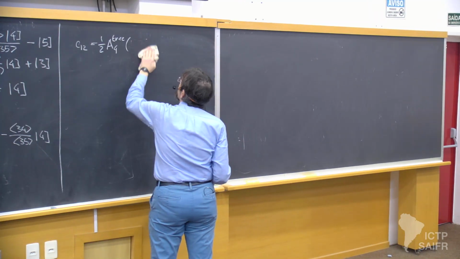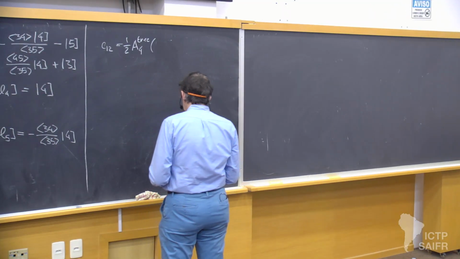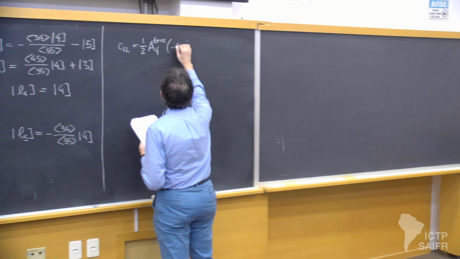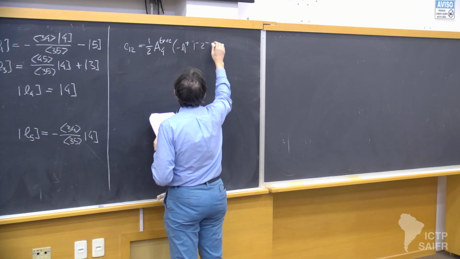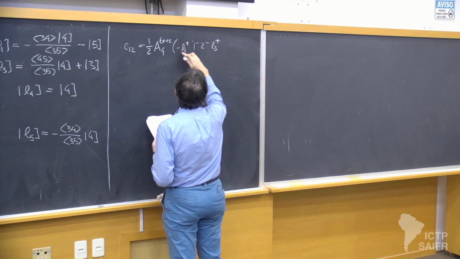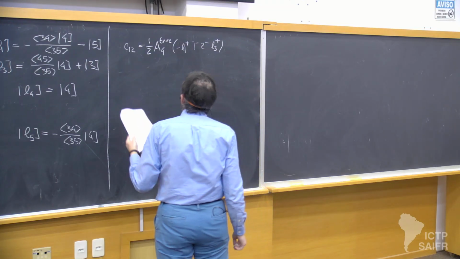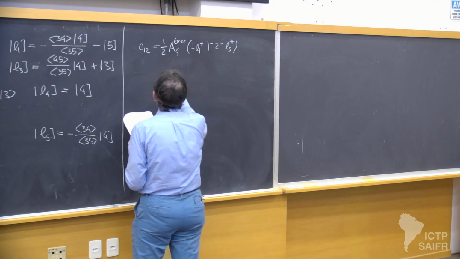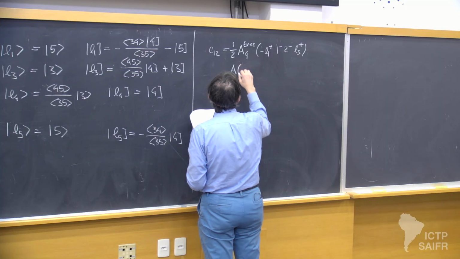I'm going to try to write it in a form that goes around the cut loop. So that will start with minus L1 plus, 1 minus, 2 minus, and then L3 plus. Of course, cyclic invariance of this thing would allow me to write it in the other form, but I'm just going to try to write it in a form where you can trace the loop momentum around the circle.